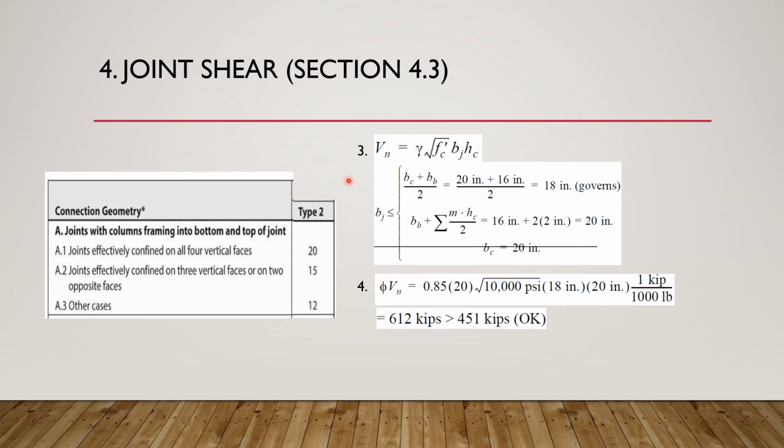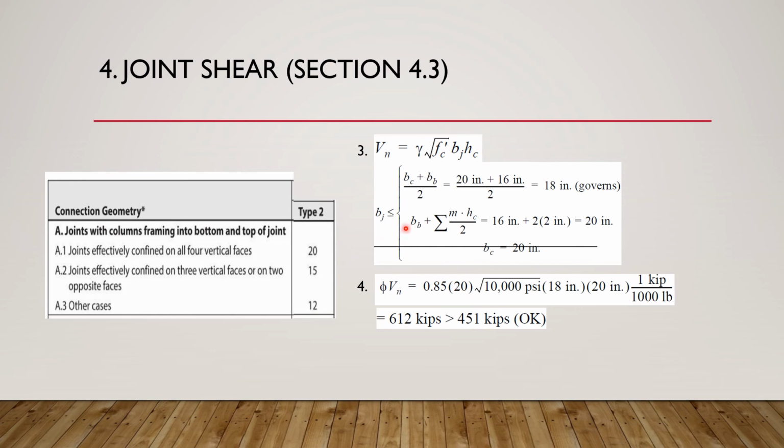Then the expression that we use for V sub n is this one, and this value is based on the physical characteristics of the joint, where they effectively confine on all 4 vertical faces is 20. So in this case it's 20.